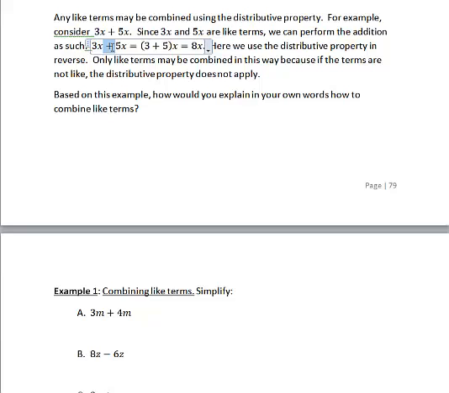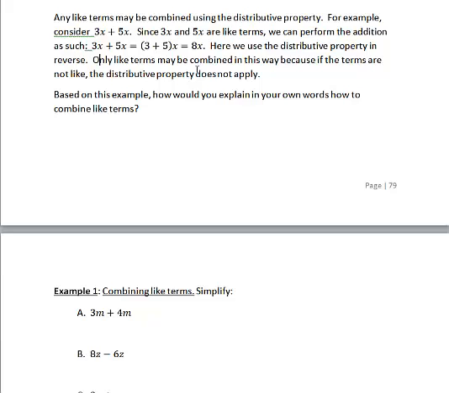This plus symbol in between represents addition, so we're adding two like terms. So what we can do is simply take the coefficients, add them together as we usually would, and get an 8. 3 plus 5 is 8. And then put the common variable part behind the 8. So 3x plus 5x equals 8x.